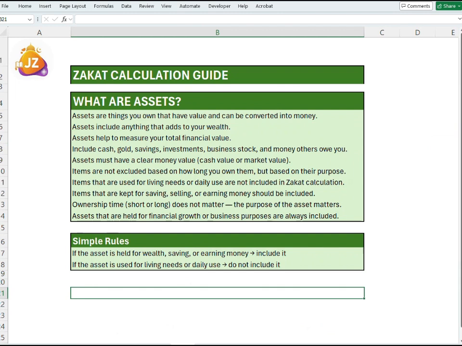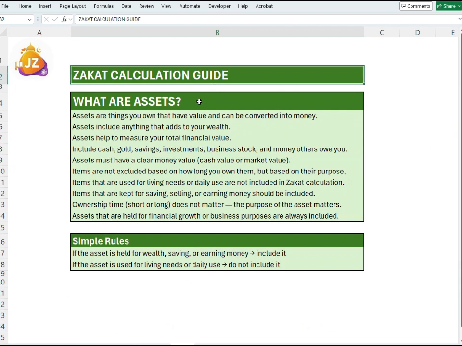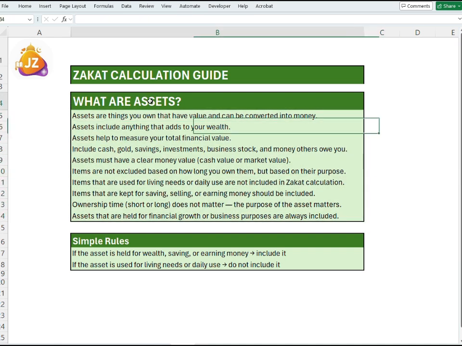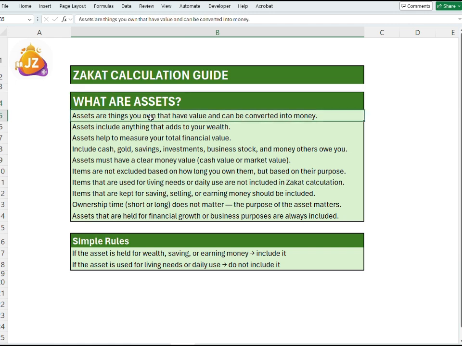What are assets? Now, let's understand an important concept before calculating zakat, and that is assets. Assets are anything that you own that has financial value and can be converted into money. In simple words, these are the things that add to your wealth. For example, cash in hand, money in your bank account, gold, silver, investments, and money that others owe you are all considered assets.